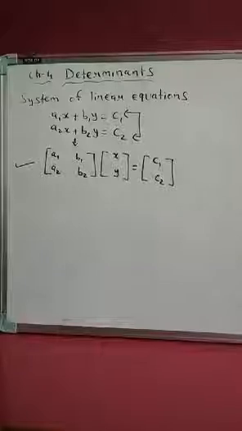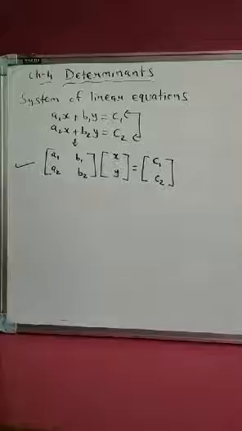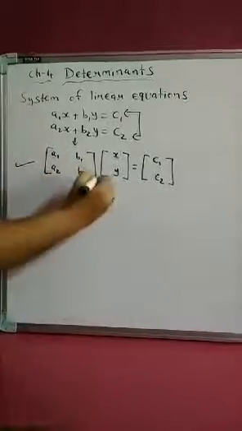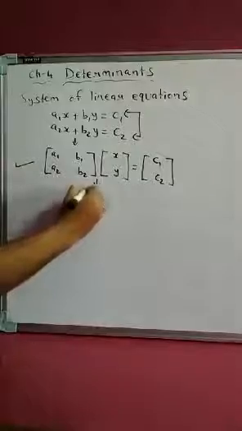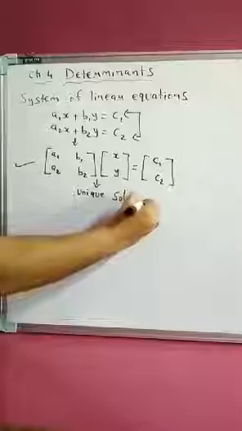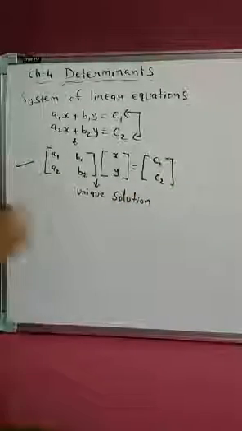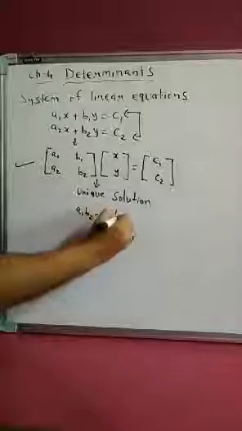Now, this system of equations is having a unique solution. What that solution is? a1 b2 minus a2 b1.